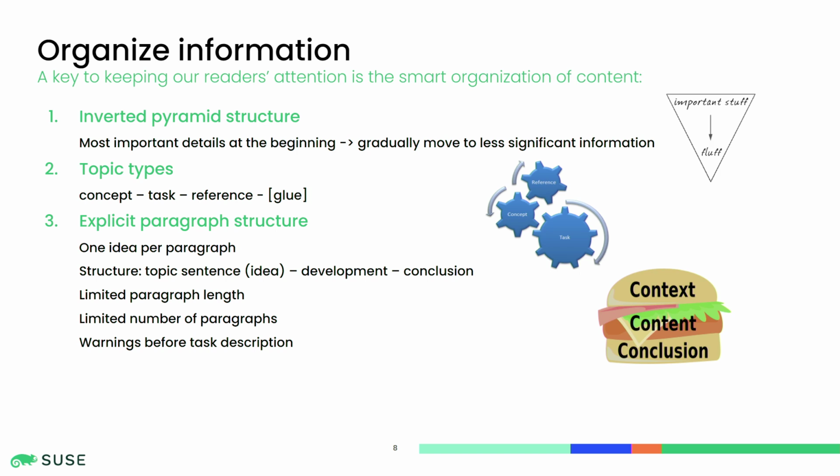The article should be structured in a way that the most important information comes first, and then you gradually move on to less significant information. What is good here is that the reader understands the main idea from the first line at first glance, and they can quickly determine if they want to keep reading or not.